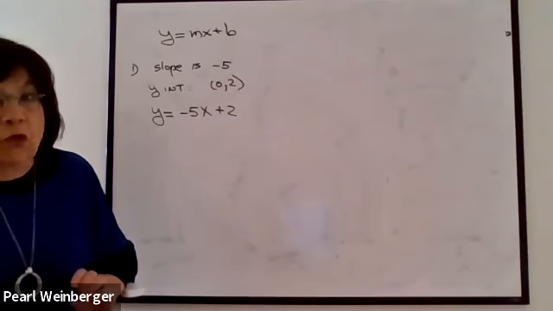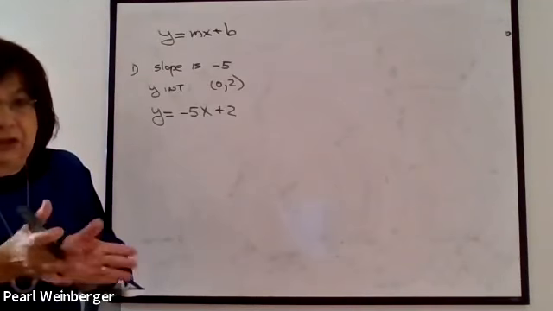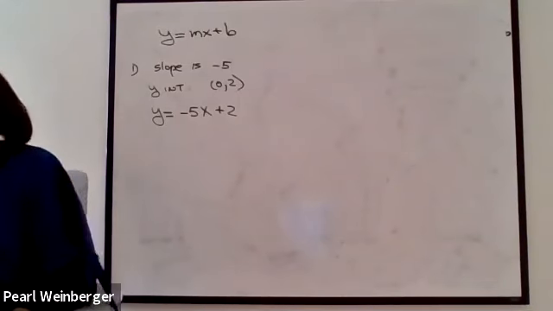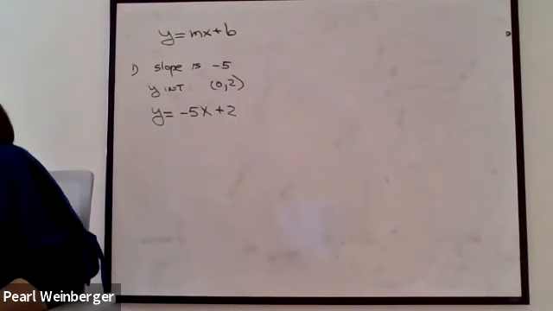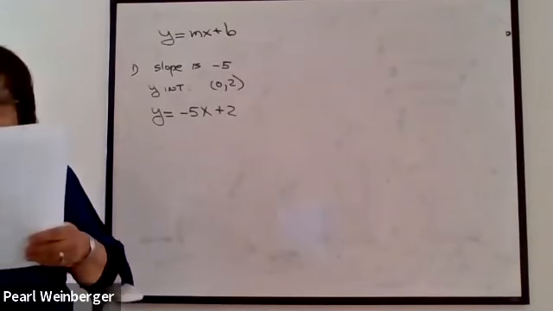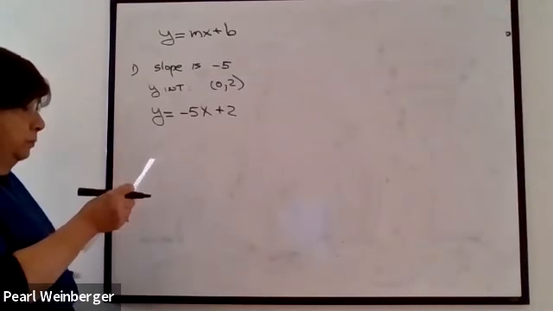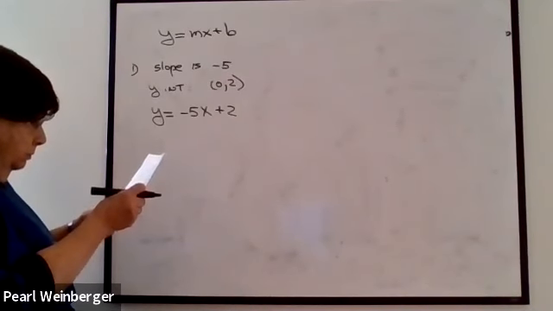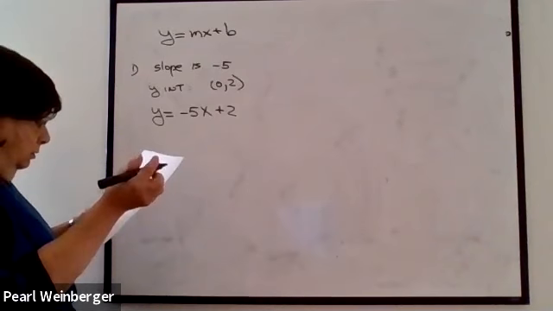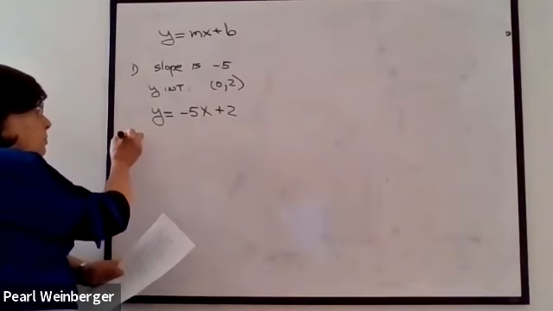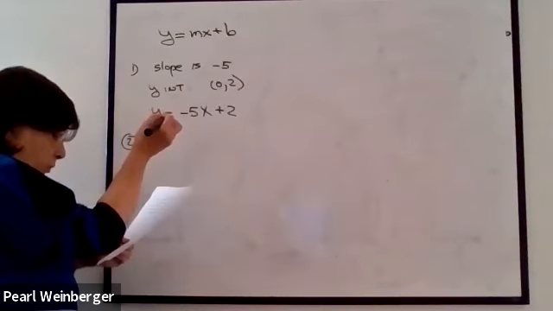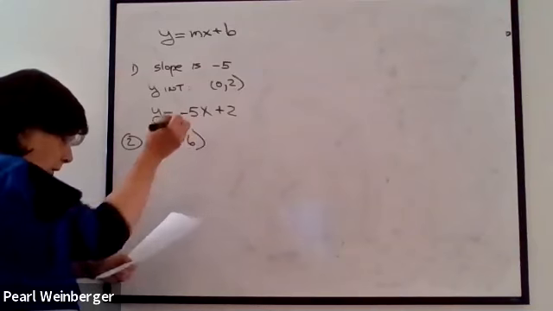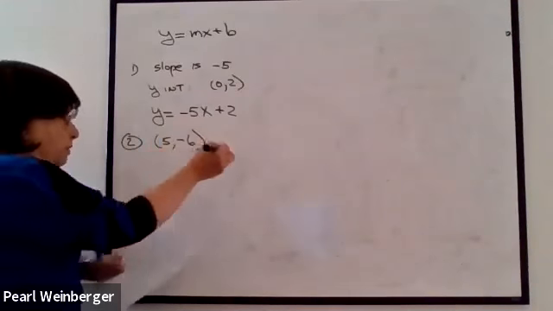But what if I don't give you everything just spelled out like that? So let's see what kind of questions you could get. Question number one, you might get a situation where you're given 2 points. Here's another: I'm giving you the points (5, -6) and (2, -4).